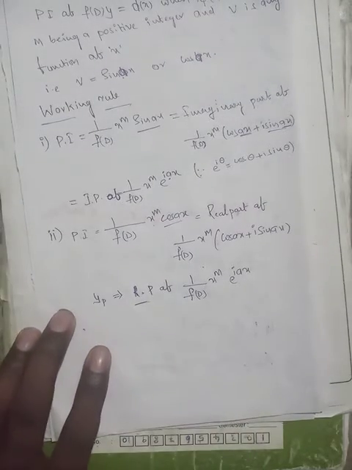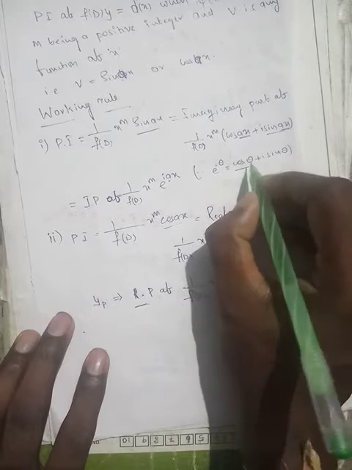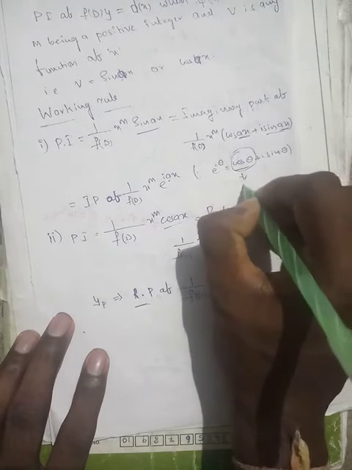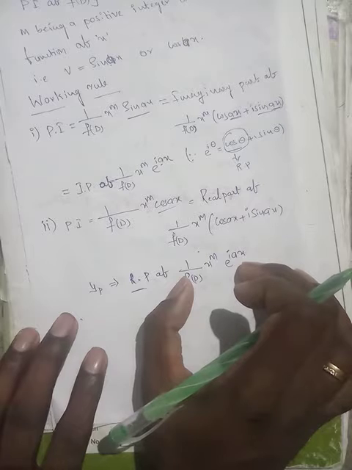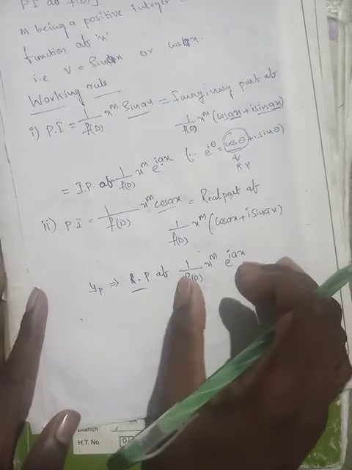Why am I taking the real part here? In this complex number, cos is the real part, so that's why I am considering only the real part from the whole solution.